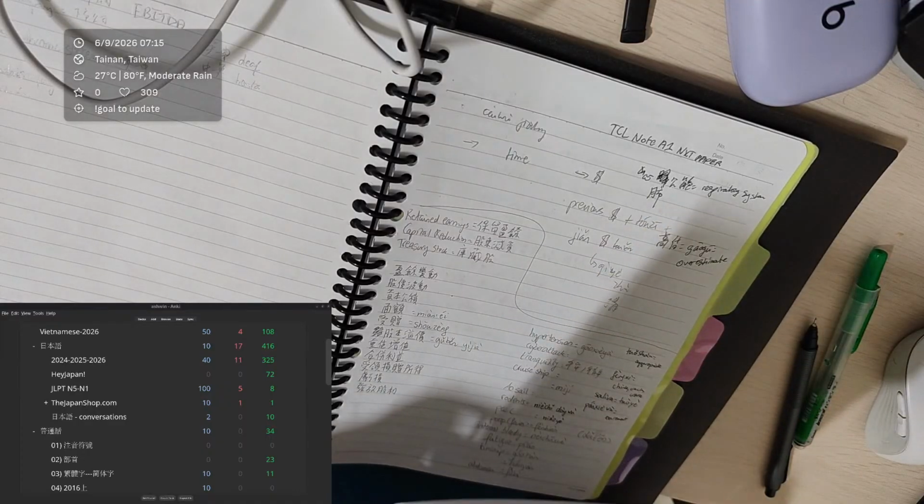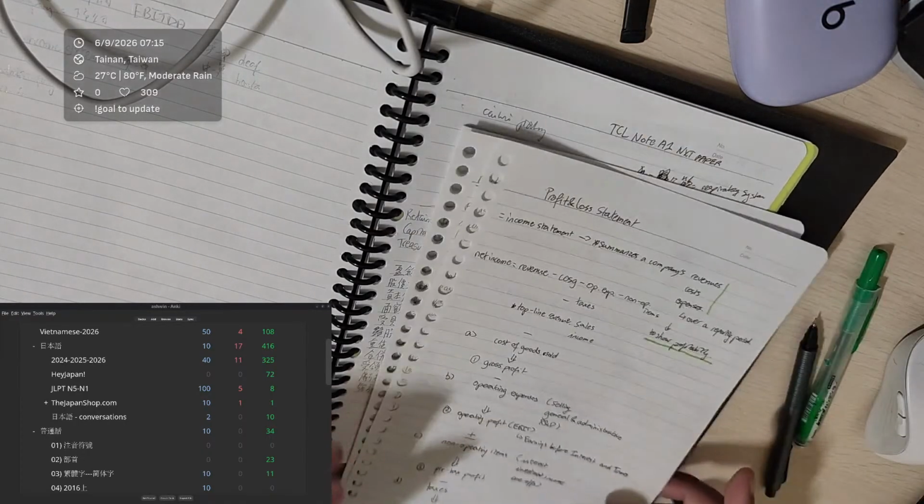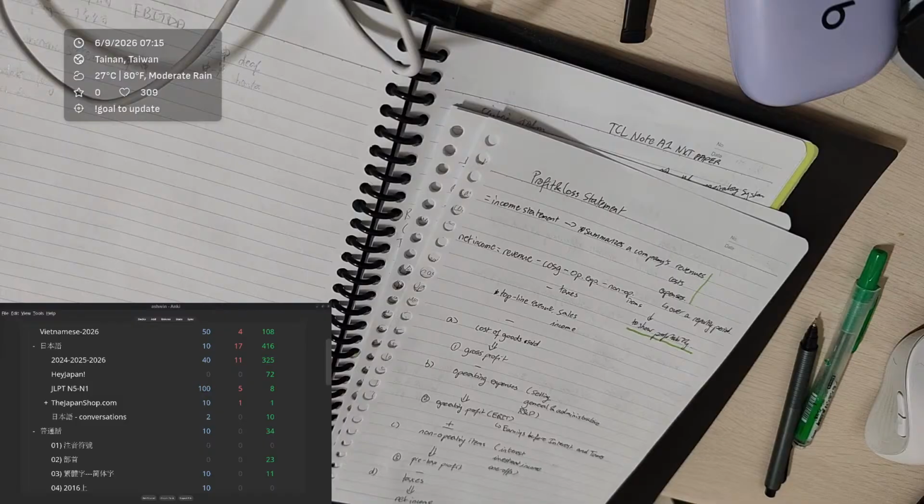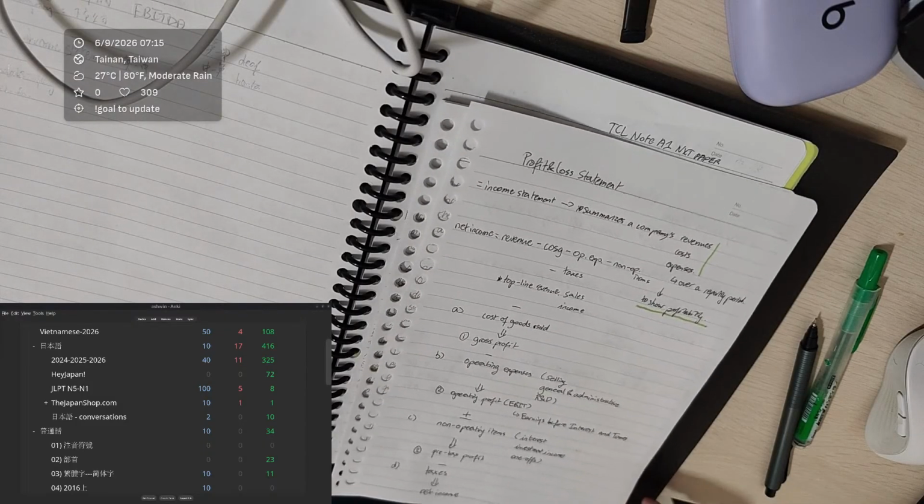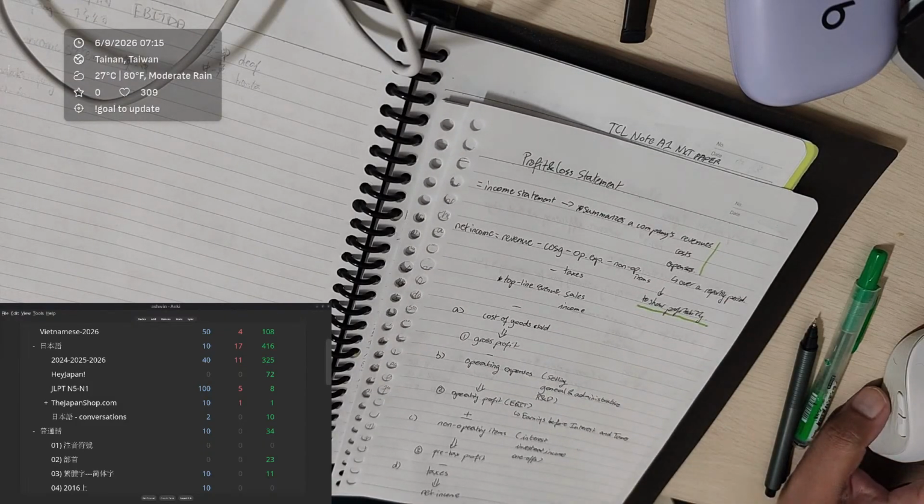Profit and loss statement. So, the income statement summarizes a company's revenues, costs, and expenses over a reporting period to show its profitability. Then it starts with top line revenue, which are sales and income.